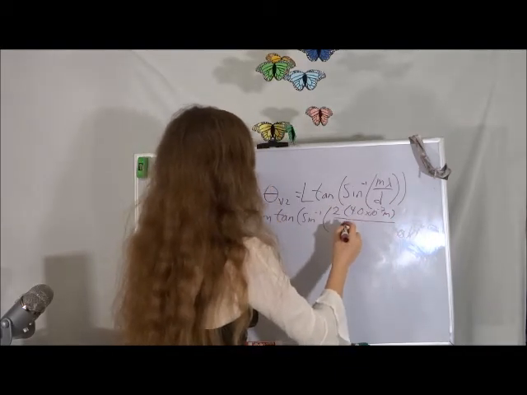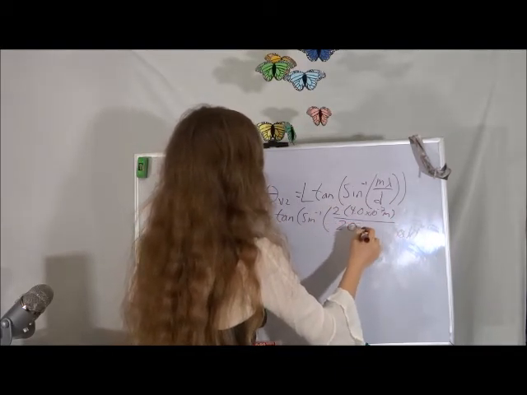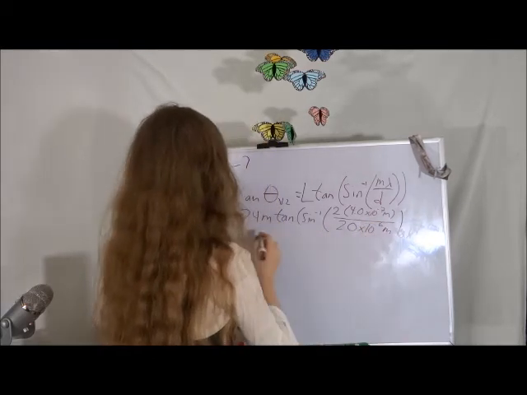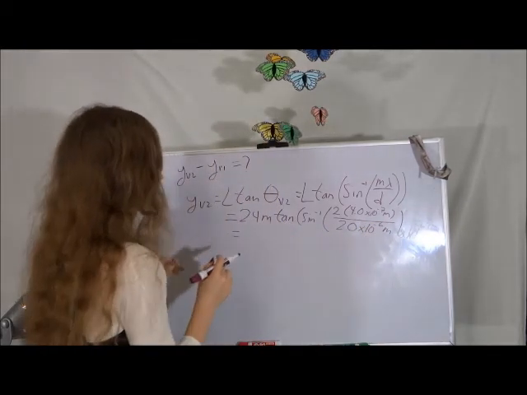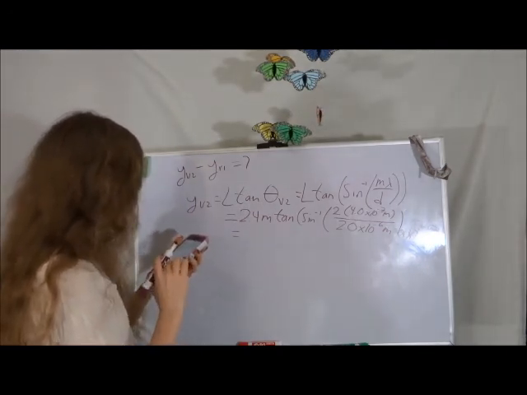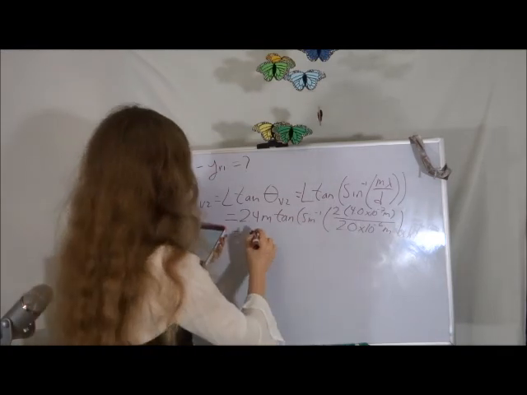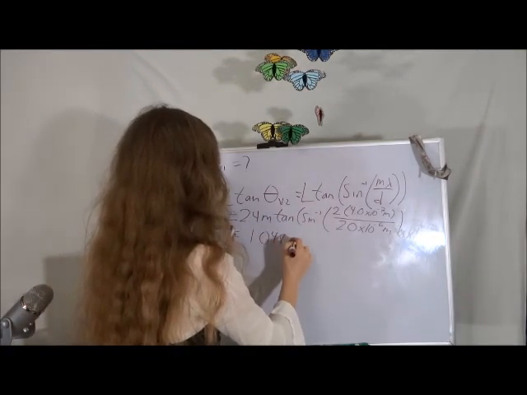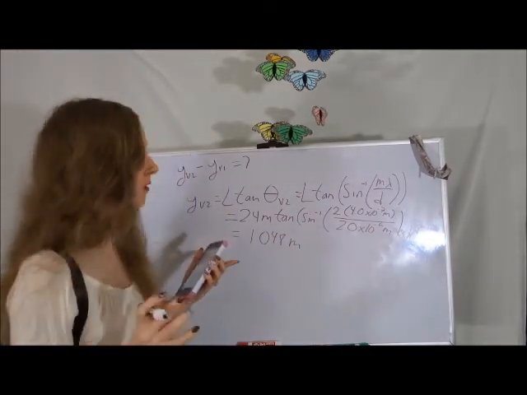And then d is the 2.0 times 10 to the minus 6 meters that it was before. And so if we go ahead and plug this into our calculator, we will get that it is equal to about 1.048 meters. So we're almost done.